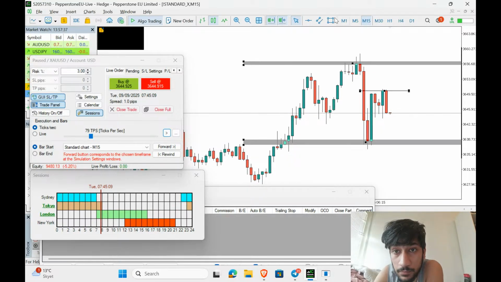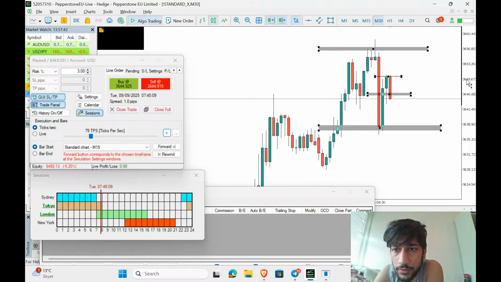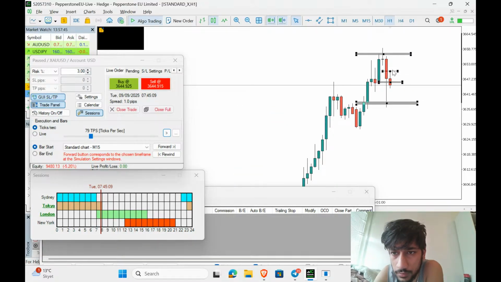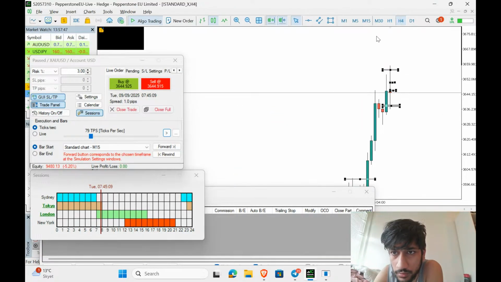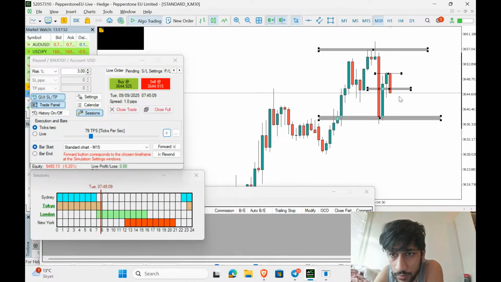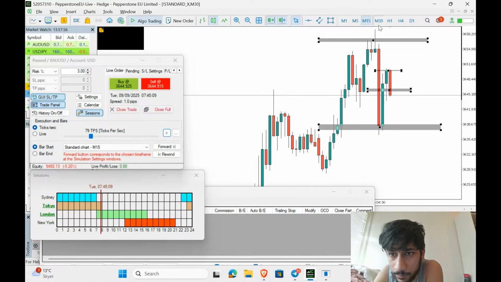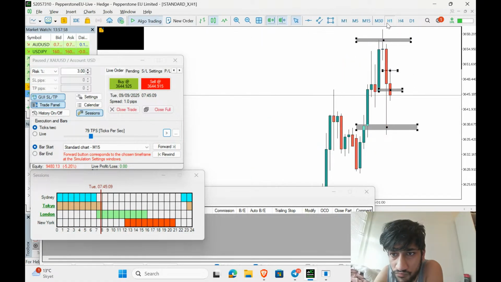See, we have a clean range. H4, H1 coming down, M30 coming down, M15 we found support.